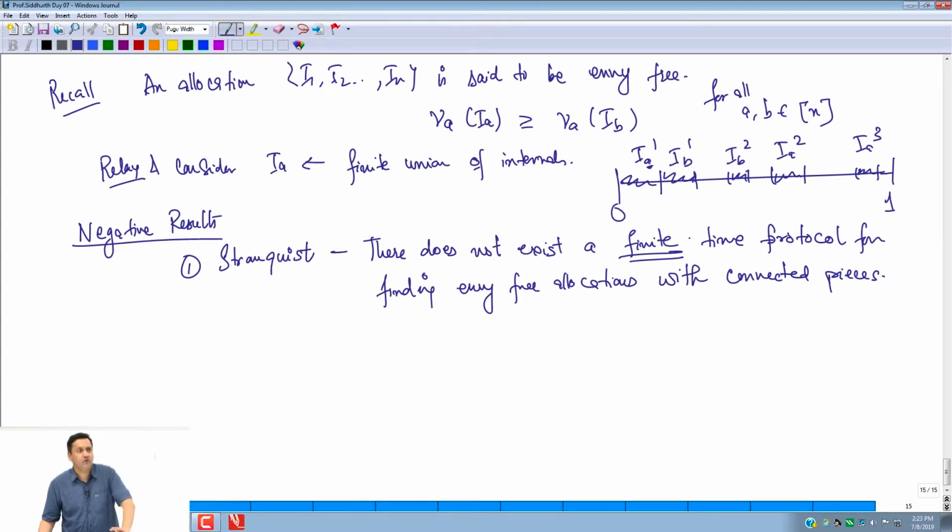Forget polynomial time, forget exponential time, forget n to the n to the n time. There isn't a finite time algorithm that will find it for you, right?